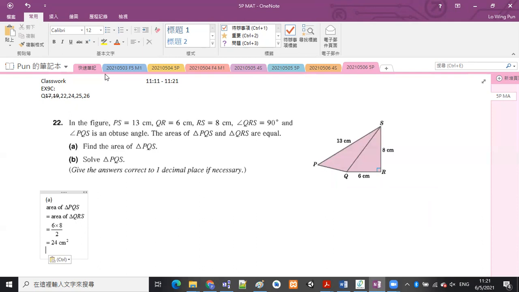Should be QS. Yes, QS is the common side of the 2 triangles, and it is the hypotenuse of the right angled triangle. So we may use the Pythagoras theorem to find the length of QS. You get this? So let's find the length of QS first.